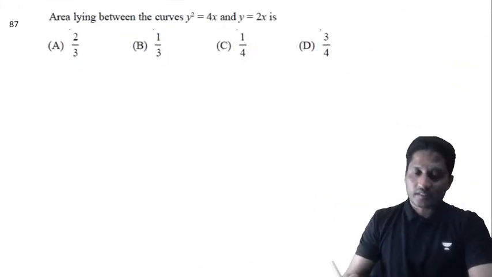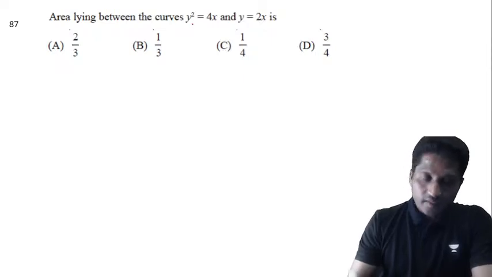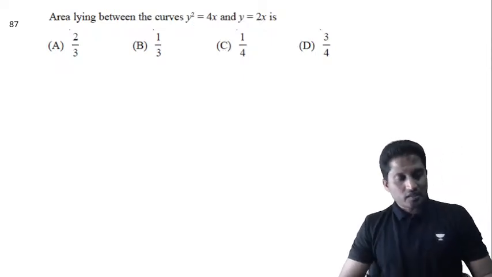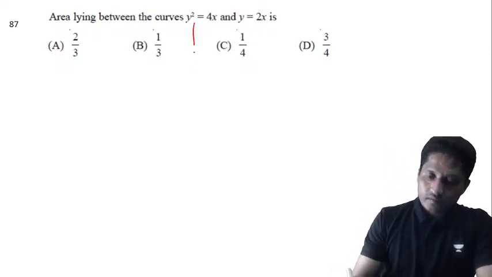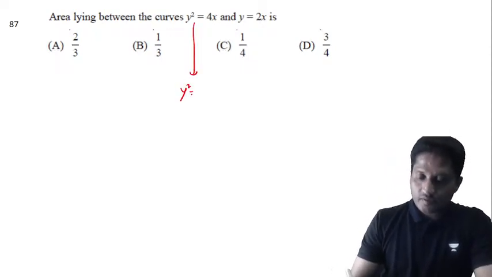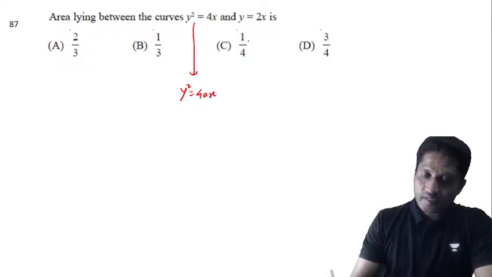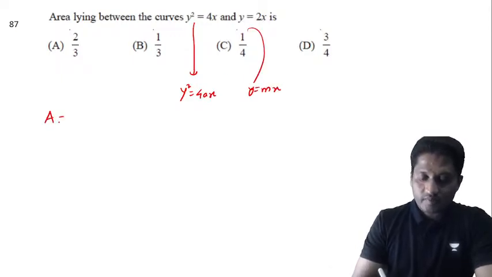Okay, there's a similar question, question number 87. Area bounded by y square is equal to 4x and the line y is equal to mx. Just now we did. Area is equal to 8a square by 3m cube.